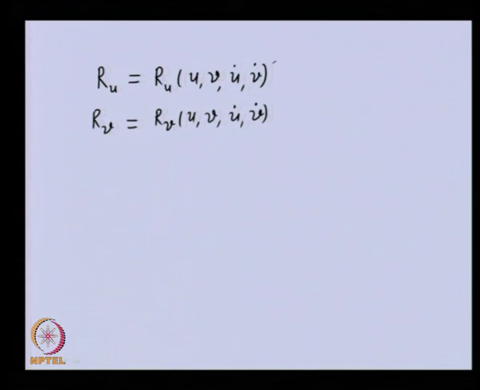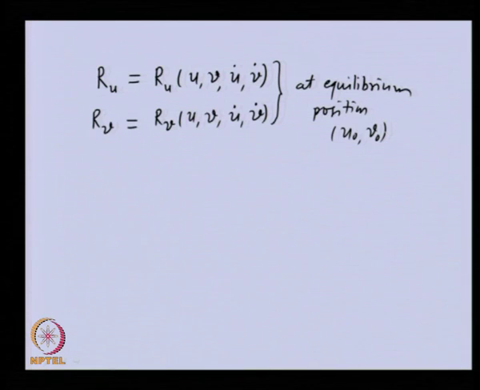So, these are the reaction forces which are coming from the fluid film onto the journal. Now, this is at equilibrium position, let us say, that means it is at u naught and v naught.